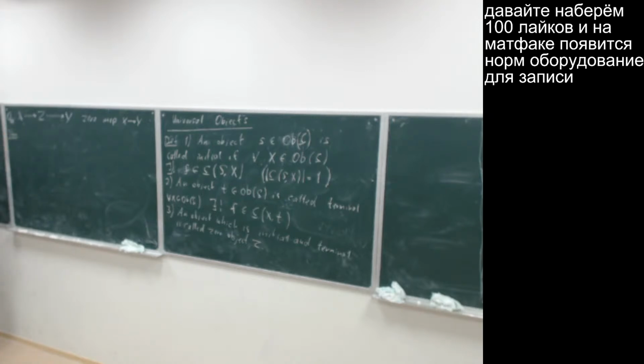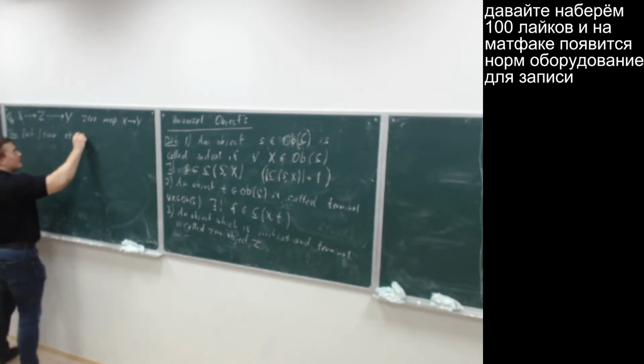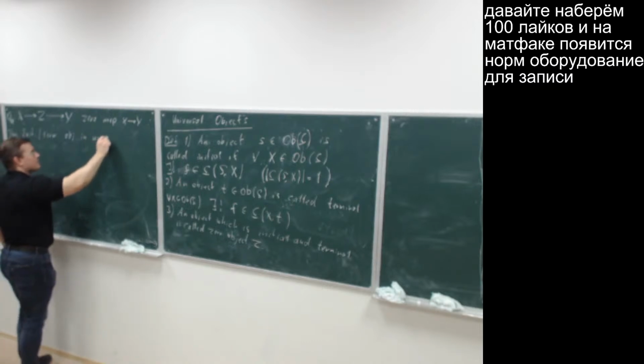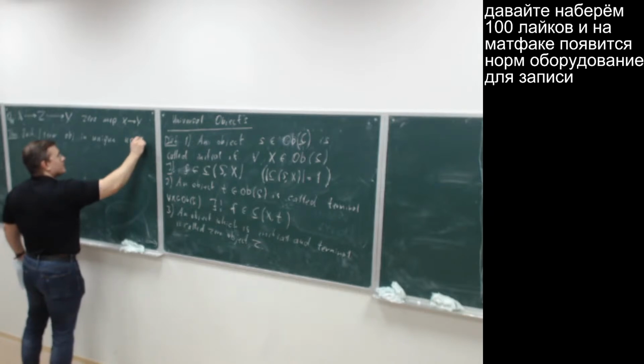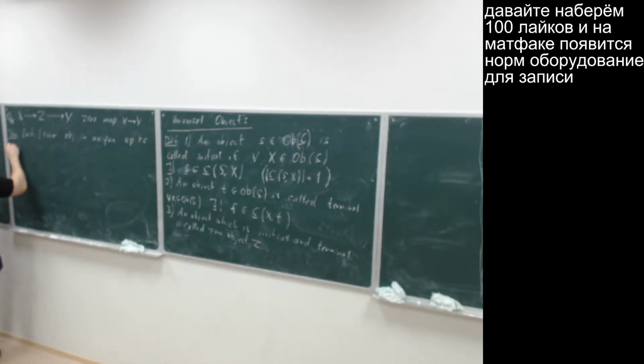So, a little theorem, which is easier to show but still important. An initial or terminal object is unique up to unique isomorphism.